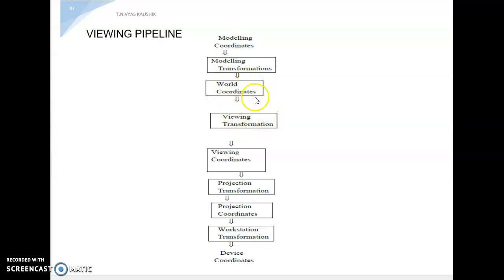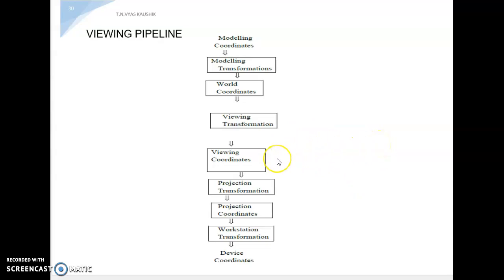Understand the next one very clearly. The world coordinates, after undergoing viewing transformation, will become viewing coordinates. This world window to viewport is what we have seen in 2D. After viewing coordinates in 2D, it was converted into normalized viewing coordinates, then to device coordinates.